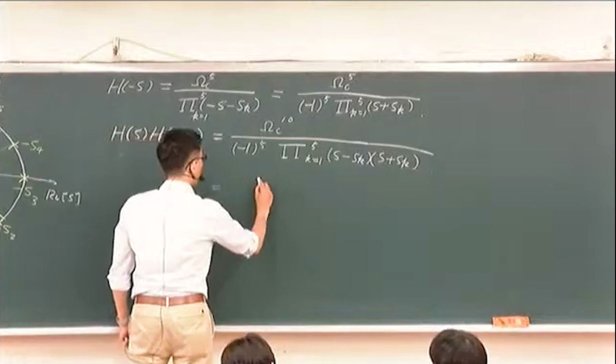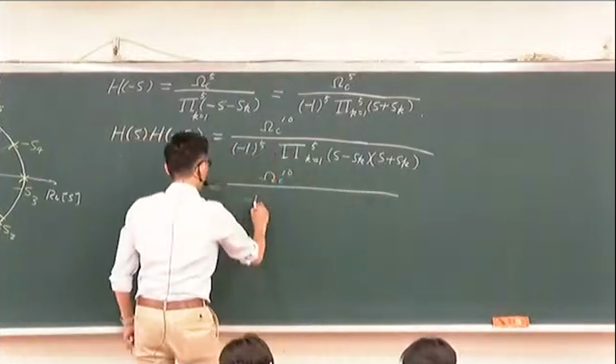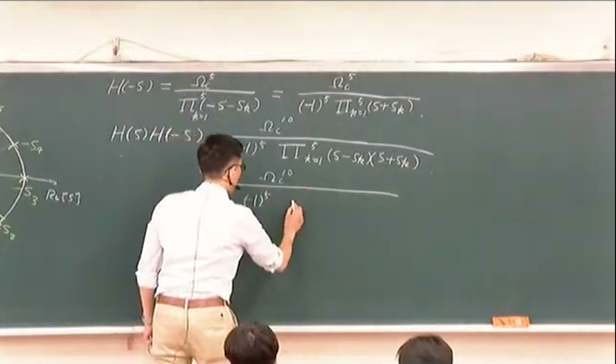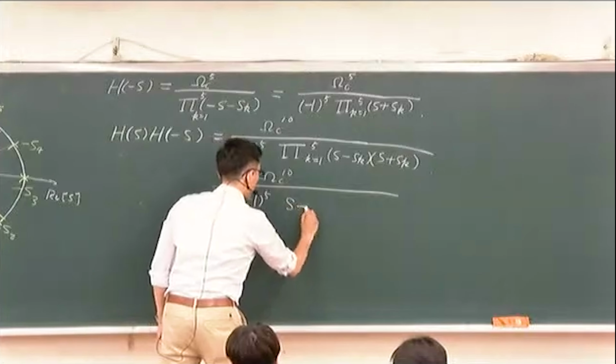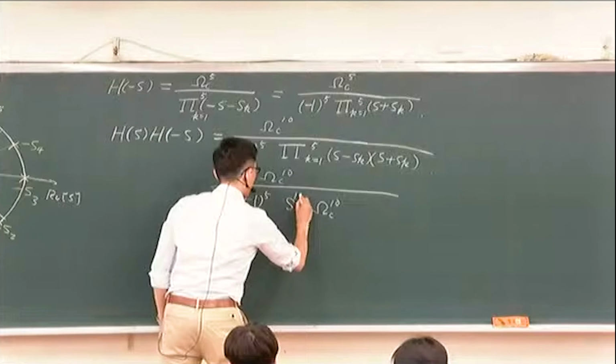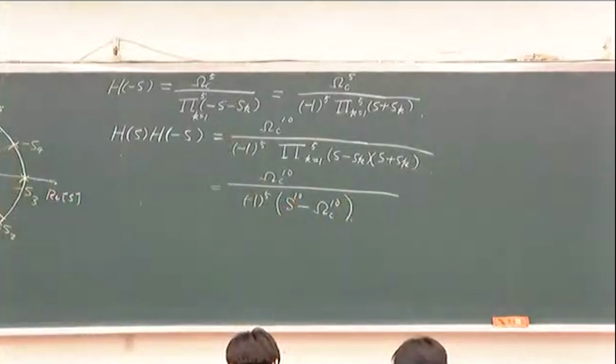So let's write it down. Now, be careful, we have omega c to the 10th power on top. And let's copy minus 1 to the 5th power. And here, I suppose that we are really looking at s minus omega c to the 10th power. That's a very simple expression.